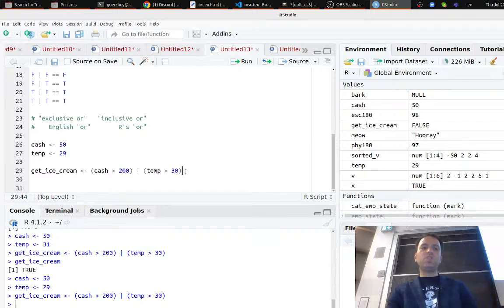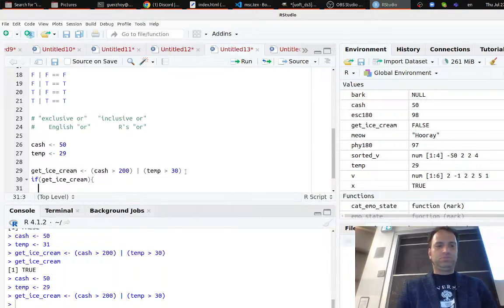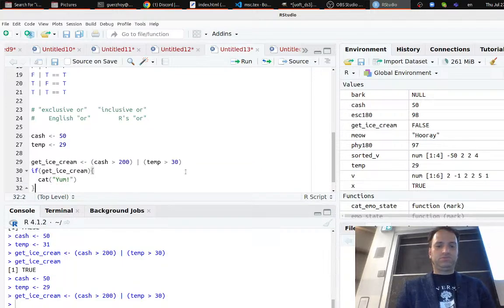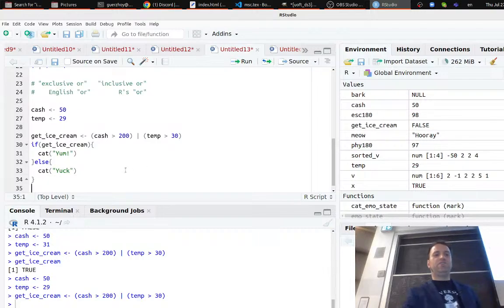So why would I need this? Well, for now we're just doing a toy example. So maybe I'll write a thing quickly. If get ice cream, depending on how much cash I have and what the temperature is, then it'll print either yum or yuck, right?